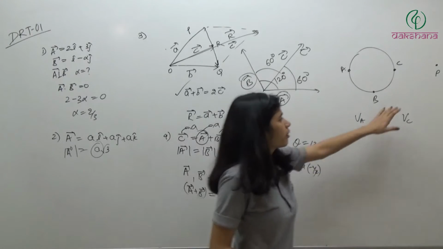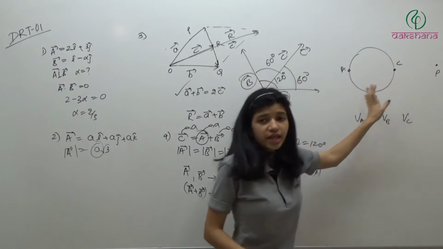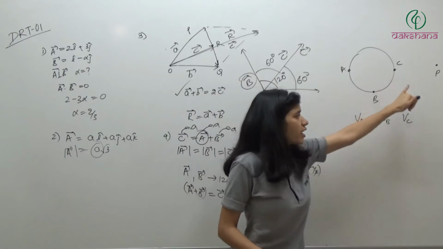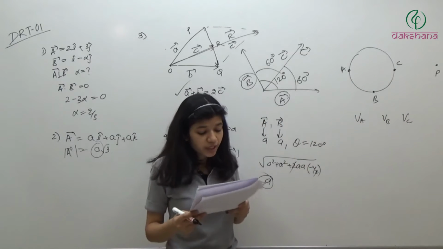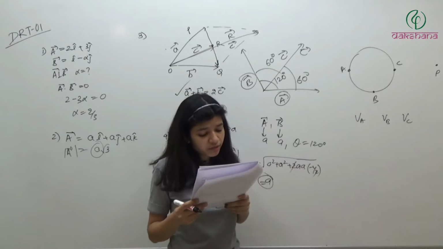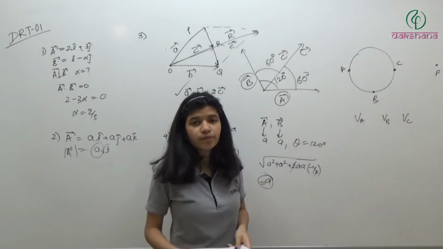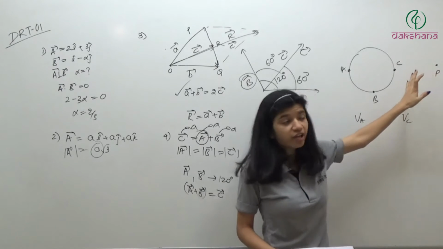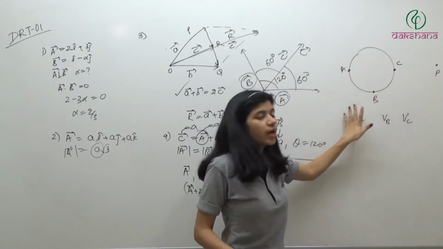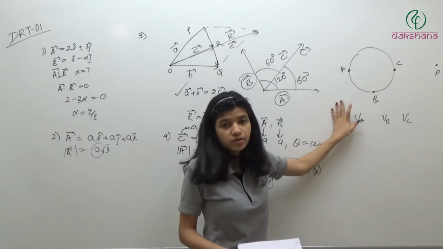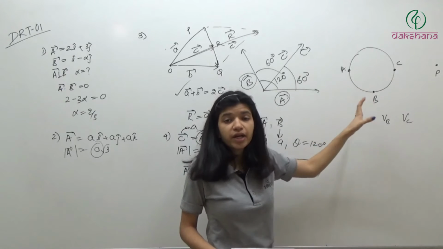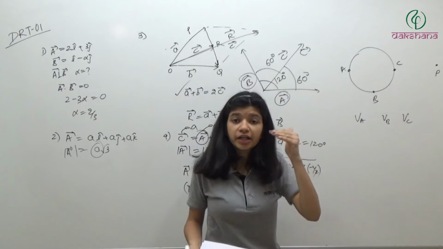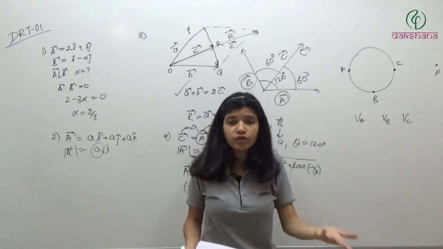So here the field of this point charge is there in this area, and there we have kept a hollow conducting sphere. A, B and C are the points where the potentials are like this. Then VC greater than VB, VB greater than VC, VA greater than VB, VA equals VC. So we know that whatever field it creates, the electrons inside this metal will adjust themselves such that the electric field inside the metal is zero, because as long as there is an electric field inside the metal, electrons will keep moving.